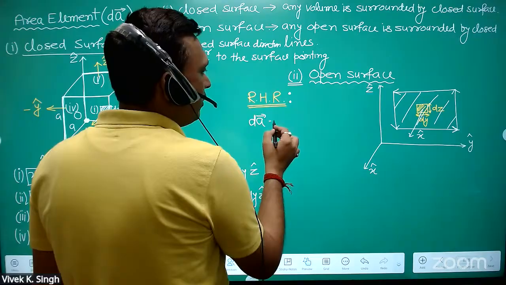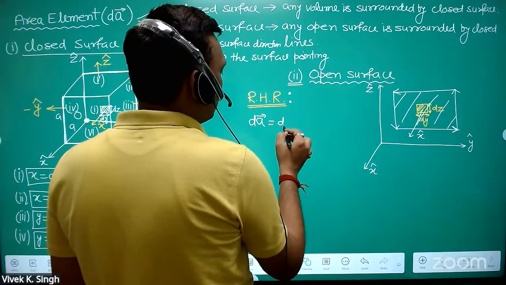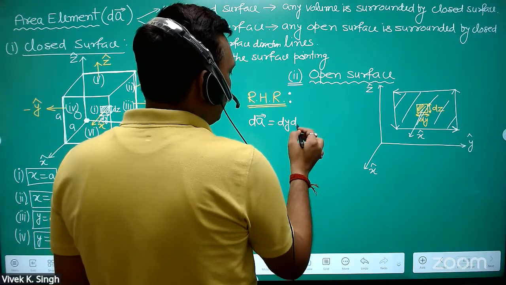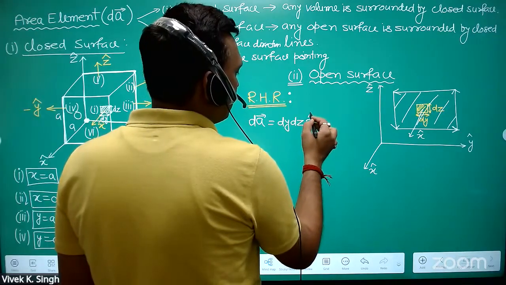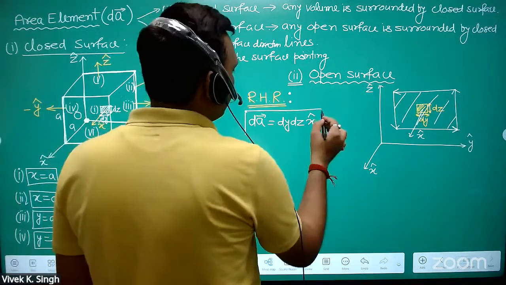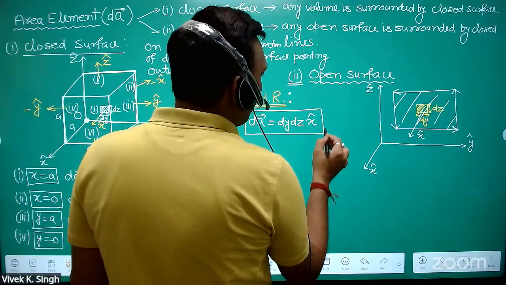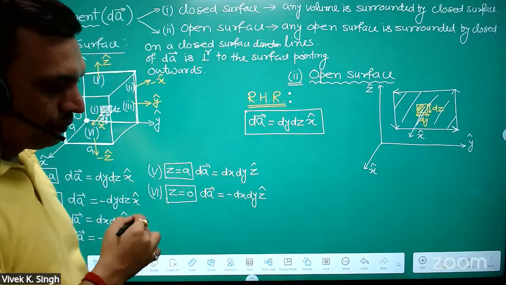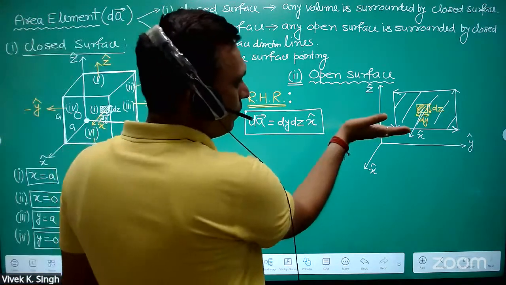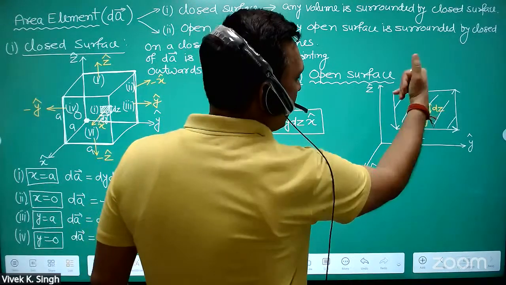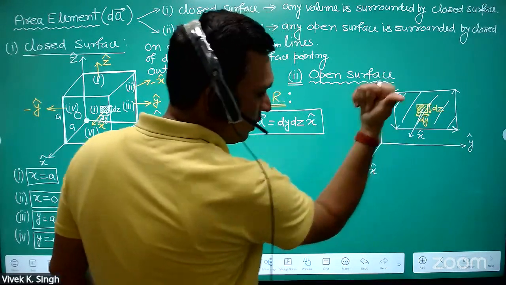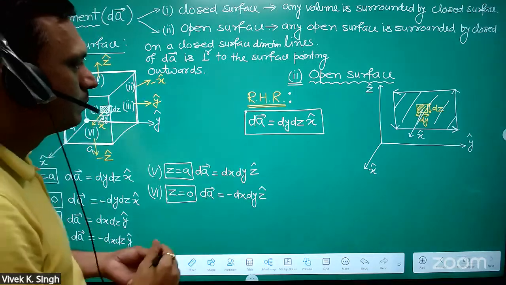So dA will be given by dy dz, and this direction is x cap. This is according to the right hand rule. Use your right hand, move your fingers in the direction of the closed line. Then the thumb will give you the direction of dA.